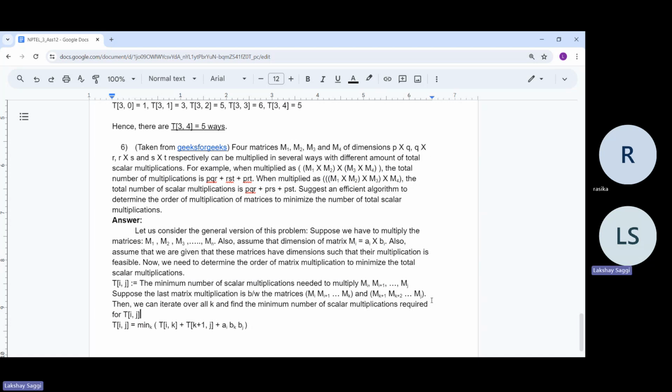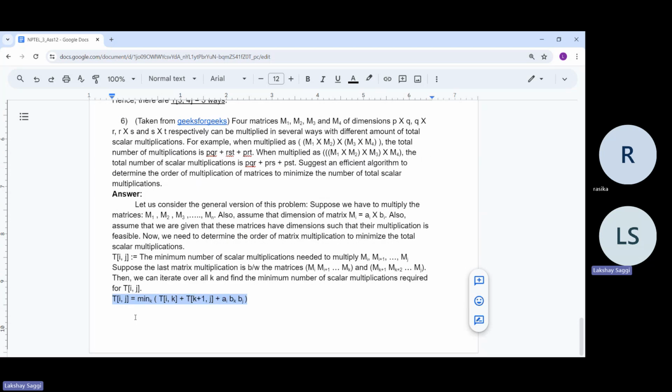So this is the high level idea, and we can formalize it using this formula. So Tij is the minimum over all possible k of the value Ti,k plus Tk plus 1,j plus Ai pk pj. This is how we can calculate the value Tij.